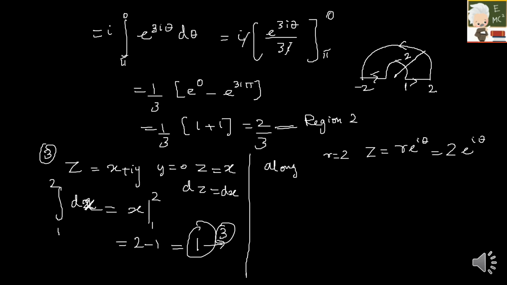So now I have to find dz. So dz is nothing but 2i e raised to i theta into d theta and your z bar is 2 e raised to minus i theta. So I have to integrate this. If you are fine, I am going to do that in the next slide.